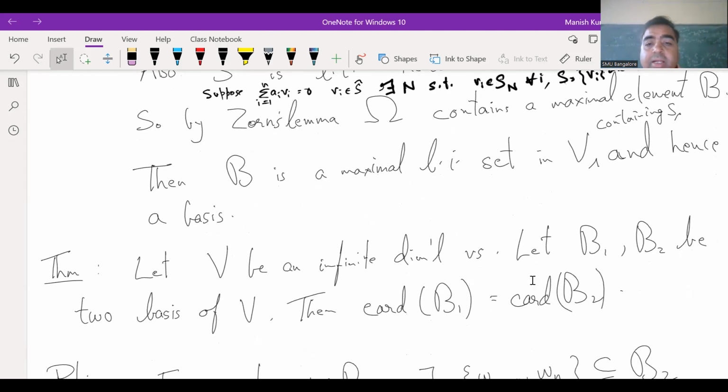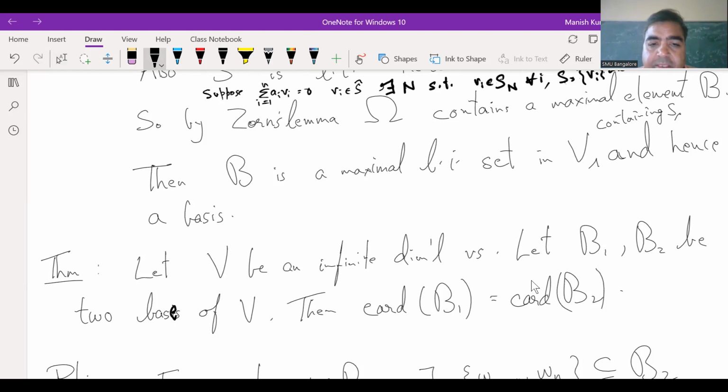Okay. So let V be an infinite dimensional vector space, and let B1 and B2 be 2 bases of V. Basis is singular, bases is plural. So let B1 and B2 be 2 bases of V, then their cardinalities are the same.